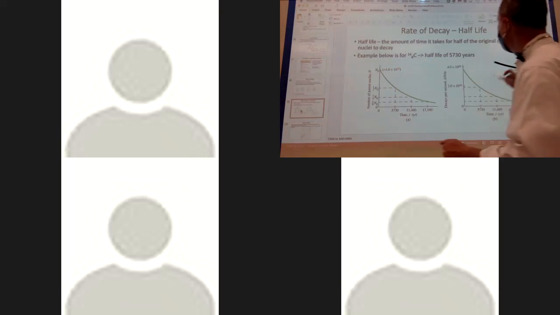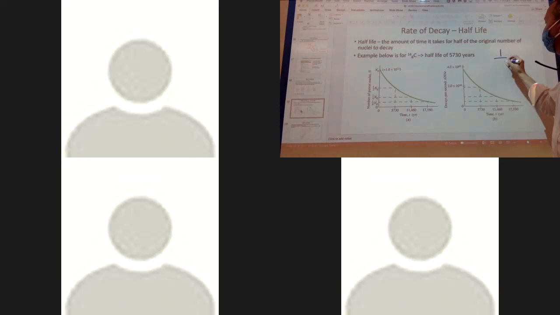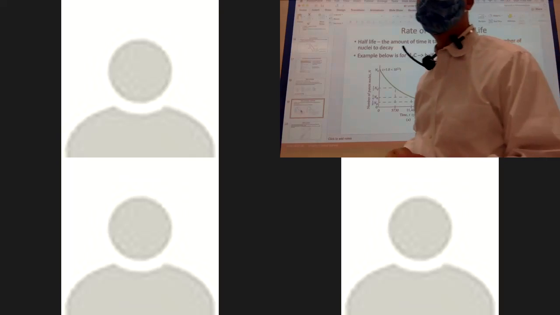Because a half-life essentially is 1 over 2 to the x. So 1 half-life is a half, 2 half-lives is a quarter, 3 half-lives is an eighth of the initial stuff. Okay, I think you should be able to handle that.